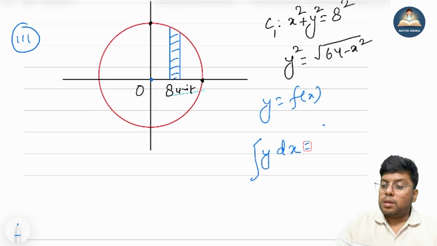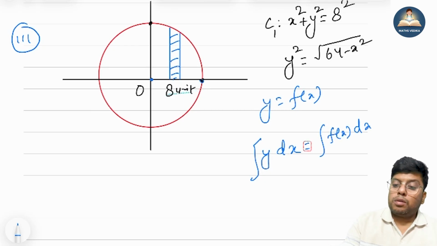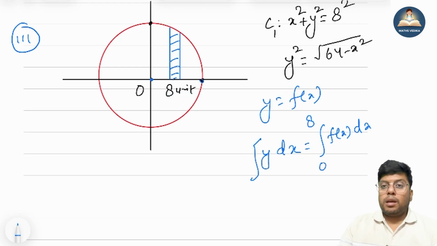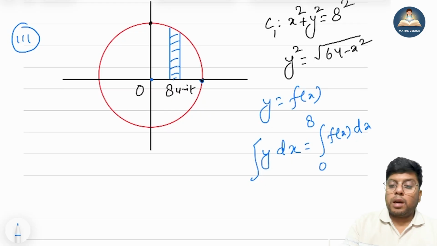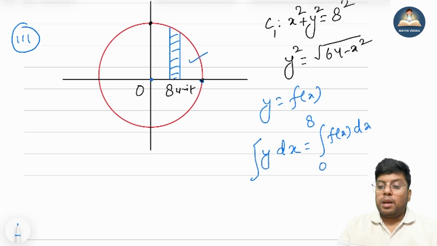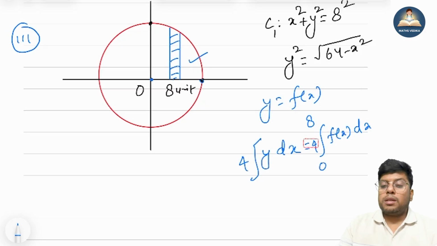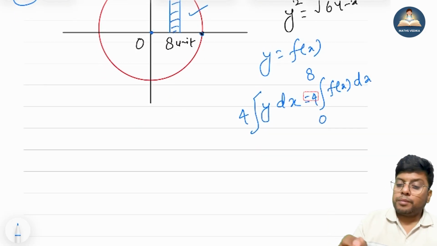Which means f of x dx from 0 to 8 unit. So the area of the first quadrant will be obtained, and when we multiply this area by 4, we'll obtain the area of the whole circle, which means the area of the roundabout.